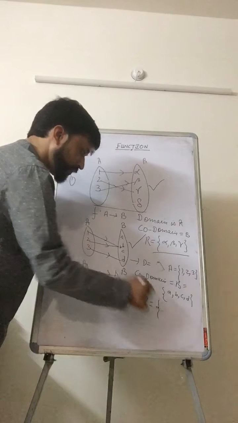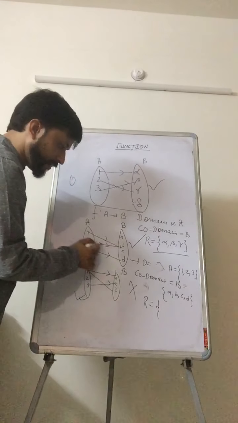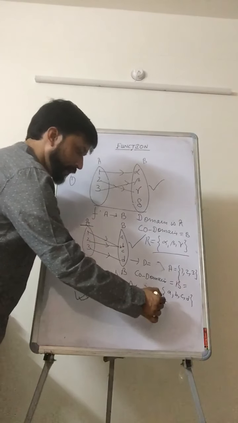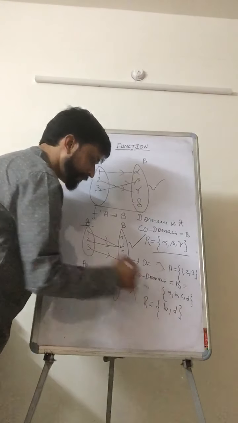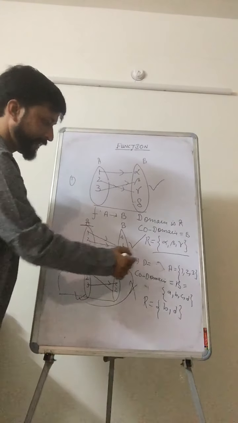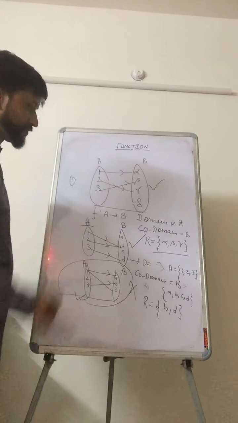Range equal to B and D, only these are associated with a set member, so B and D is the range of this function. And this is not a function, so no question of finding domain, codomain and range.